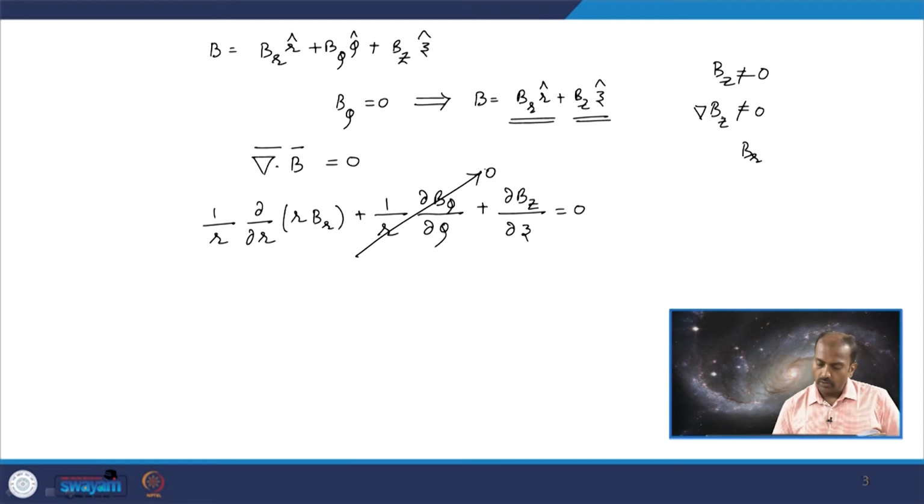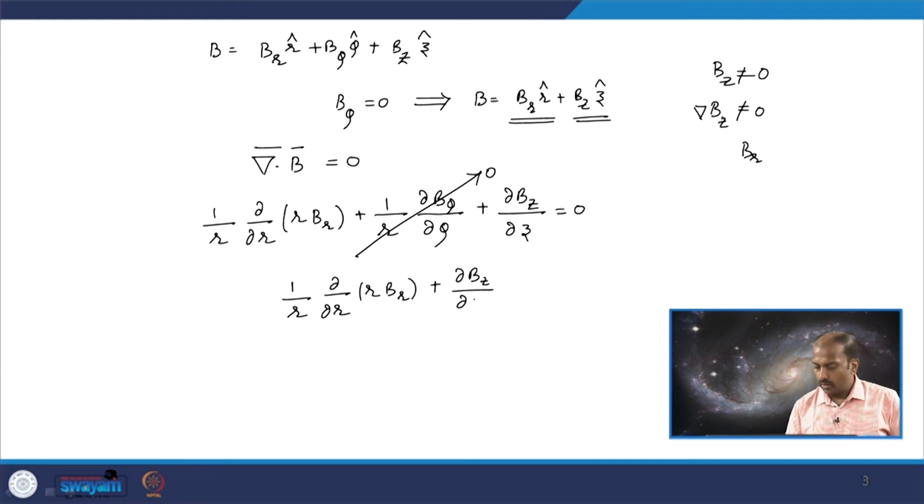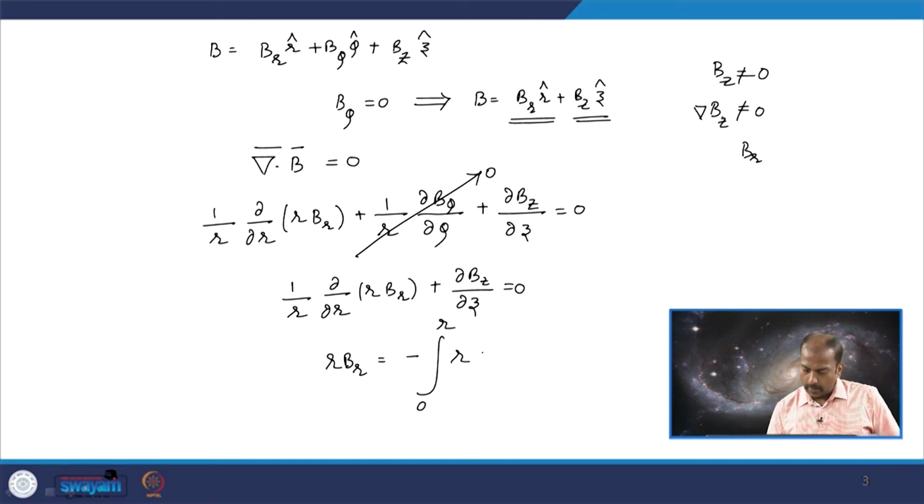This is anyway 0 due to the assumptions itself. So, we write 1 by r dou by dou r of r Br plus dou Bz by dou z is equal to 0. So, r Br is minus integral 0 to r of dou Bz by dou z into dr.